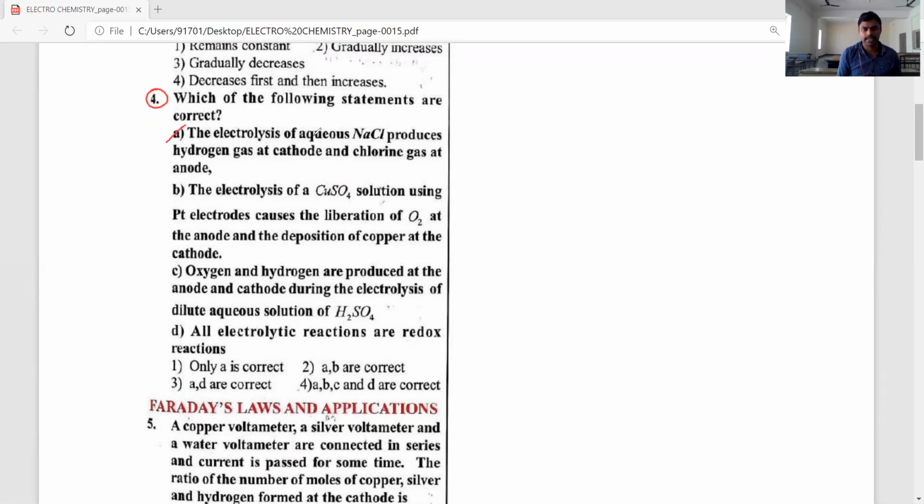The first statement is correct: the electrolysis of aqueous NaCl, as we just discussed, produces hydrogen gas at the cathode and chlorine gas at the anode. Now, the electrolysis of copper sulfate solution using platinum electrodes causes liberation of O2 gas at the anode and deposition of copper at the cathode. It is correct. Let's see the electrolysis in the second option.